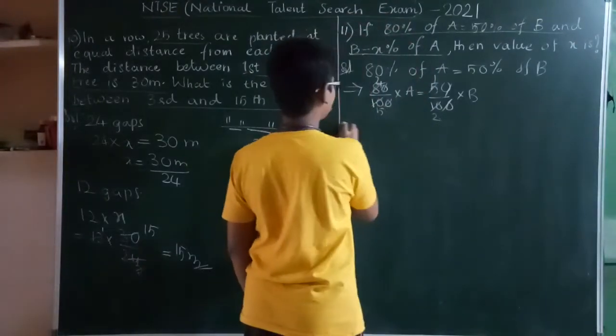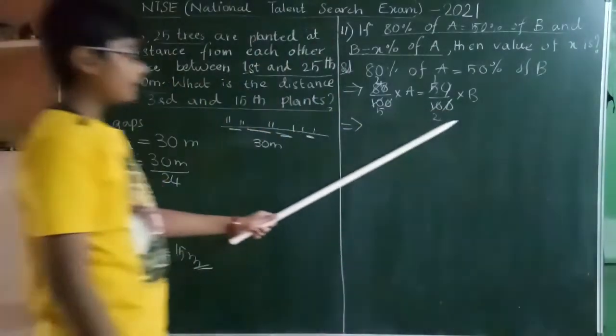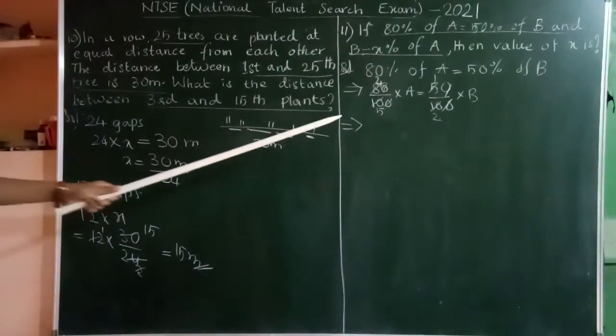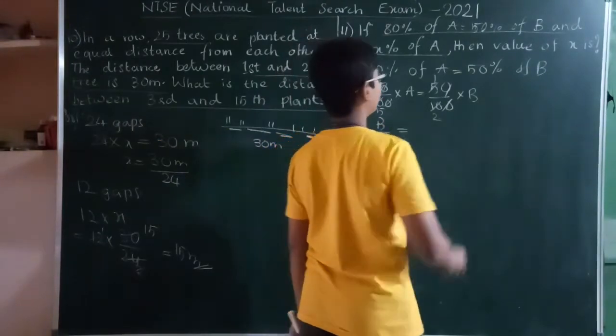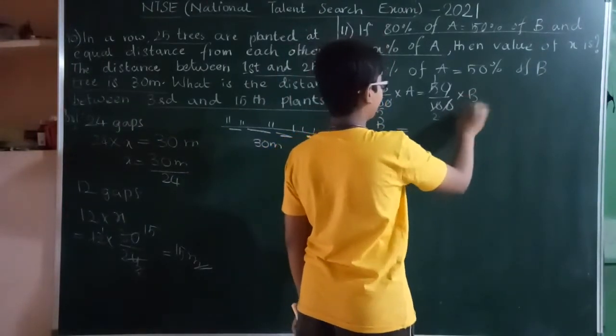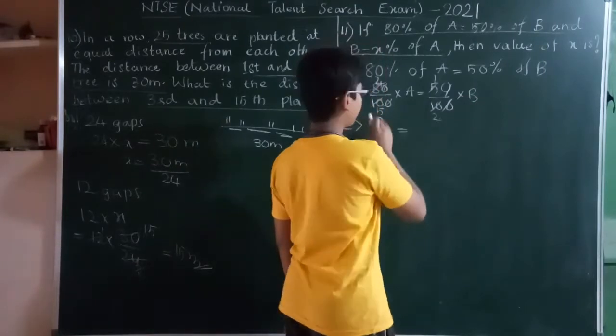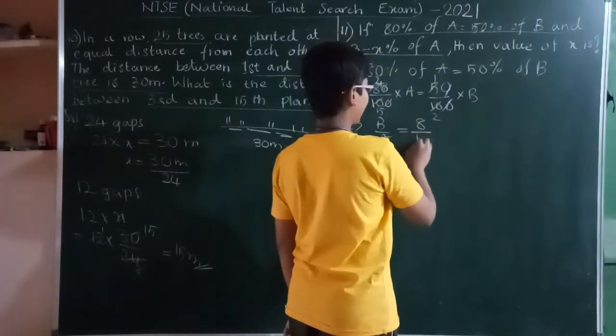Now first find B by A. Okay, first find B by A. Now B by A will be equal to 8 by 5.